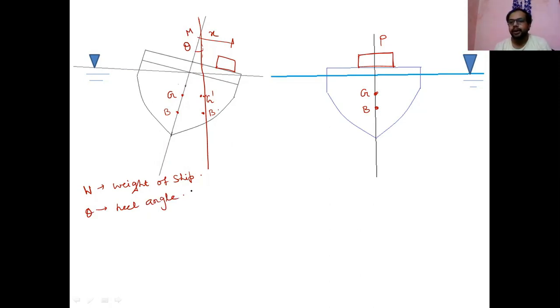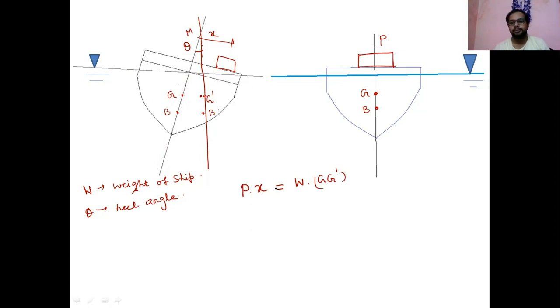As the weight P is displaced by X, it creates a moment, P into X. This moment will be W into GG dash, because W has changed from G to G dash. The moments balance each other.